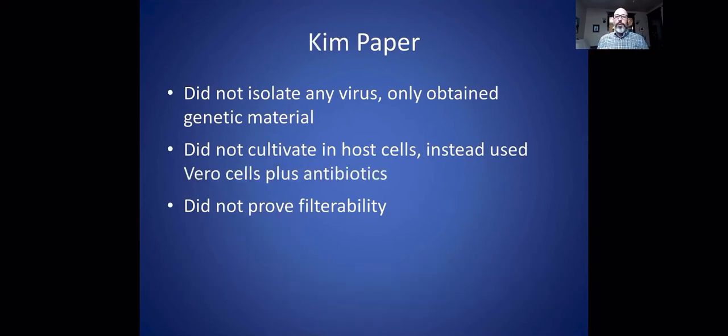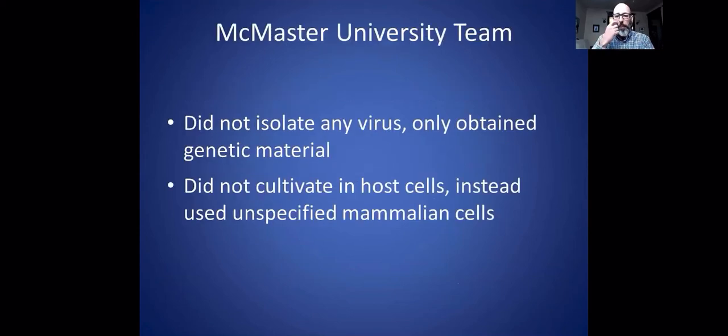Now, the third paper is a little bit more problematic, but I'll get to that in a second. But if you look at the methods, once again, they did not isolate any virus. Once again, they did not cultivate in host cells. They used vero cells and antibiotics and did not prove filterability. However, I want to describe the McMaster team first because, like I said, they don't have a published paper, so I can't say a lot, but they did describe their methods a little bit on their website.